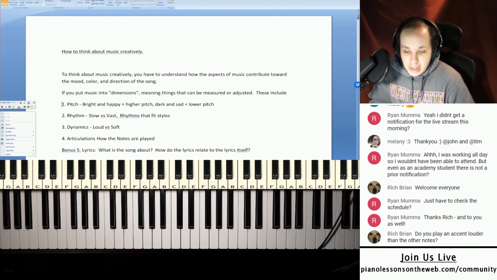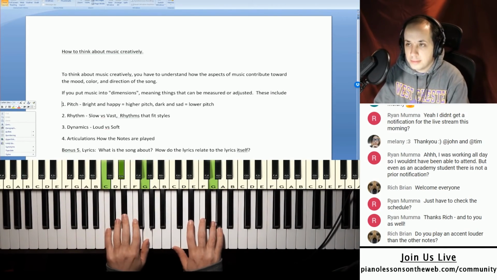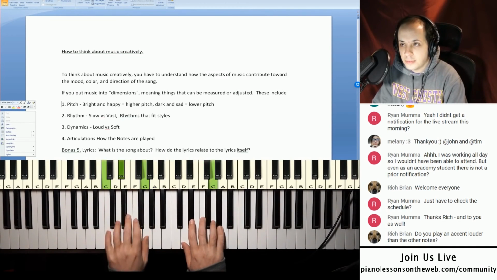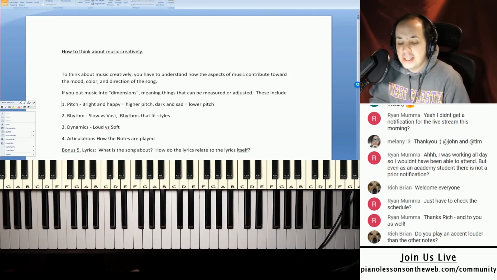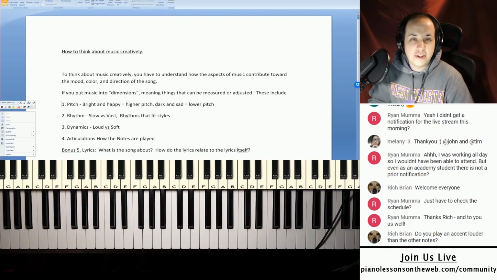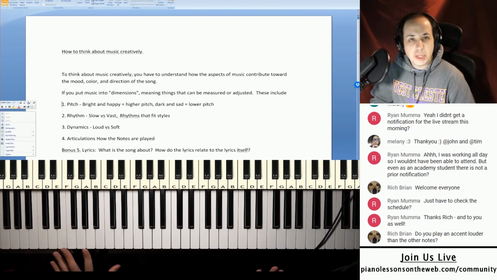Like I said, you can have a happy song with happy lyrics, but it has a lot of minor and diminished chords in it. You don't want to do that in most cases, unless you're trying to write a joke song or a parody or something like that. In that case, I could definitely see that. So always think about how these things play together to make music what it is.